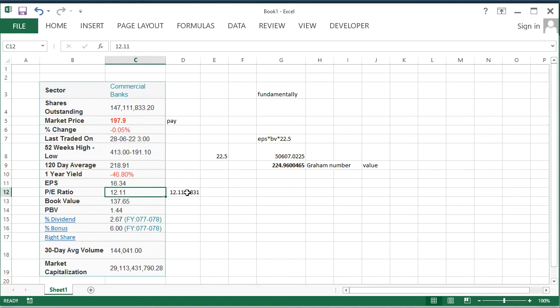So if I invest 12.11, then I will earn $1. That's what the PE ratio, price per earning ratio, means. So this is how we calculate Graham's number, how we get the value, and how we compare it with the market price, which is what we pay. This is how we do a fundamental analysis with Graham's number.